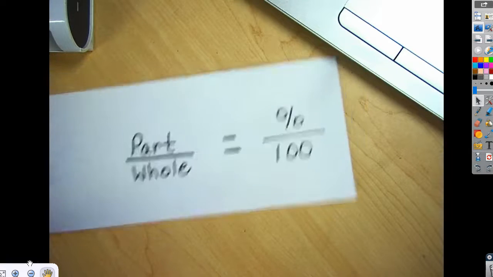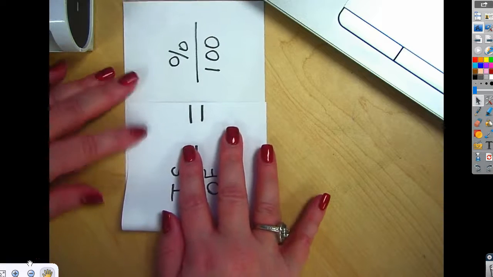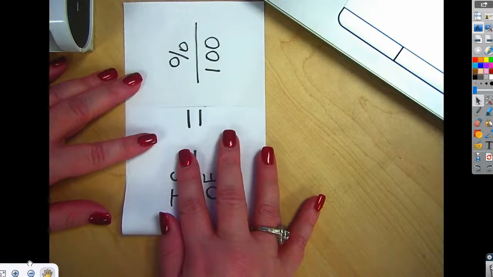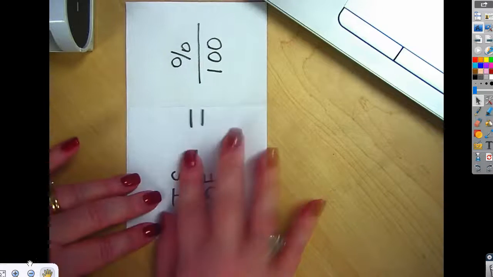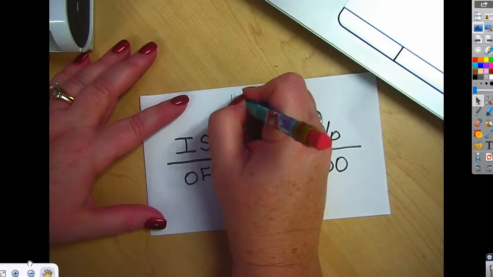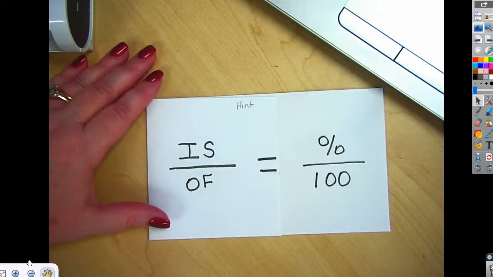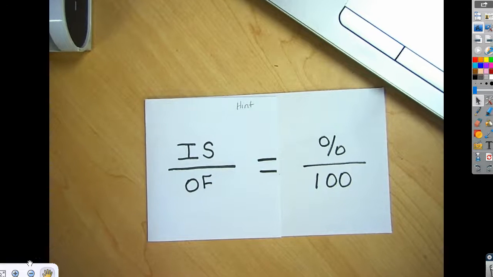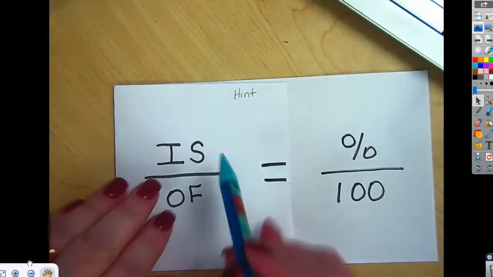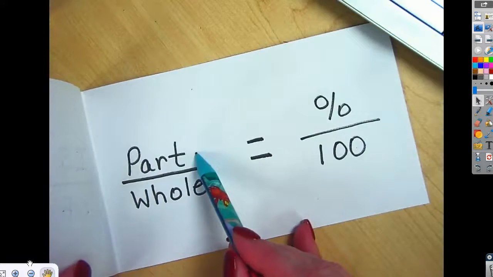So another way when you're reading a word problem is you're going to take this paper and fold it to where that equal sign covers that equal sign. This is just a hint. When you're reading a word problem, a lot of times the "is" of the problem is your part.